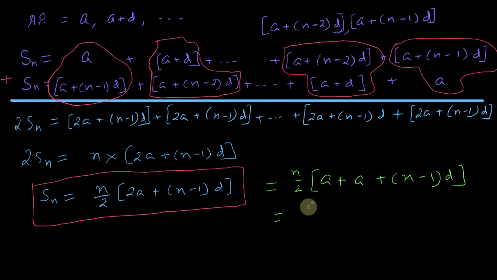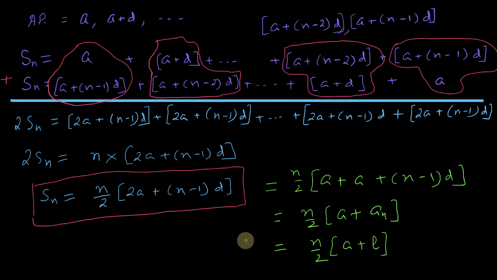It becomes n upon 2 into a plus, look at this, this is a plus n minus 1 d, it is nothing but the nth term or the last term. We can say it is the nth term, but in this case it is the last term, so here we can use L for the last term.